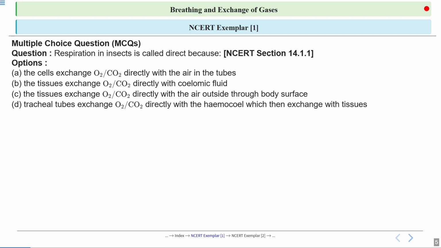And D, tracheal tubes exchange O2, CO2 directly with the hemocoel, which then can exchange with the tissues, right? So you can give the answers in the chat box, and then we will see the correct answer of this question.